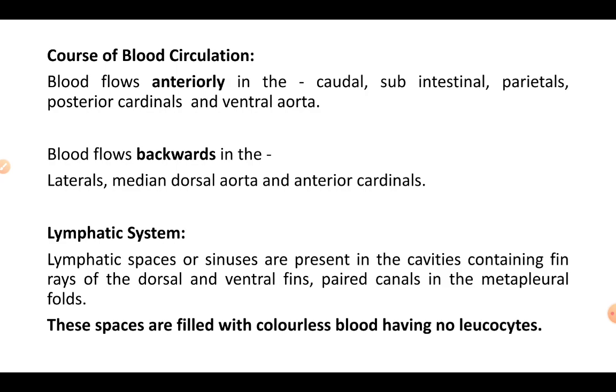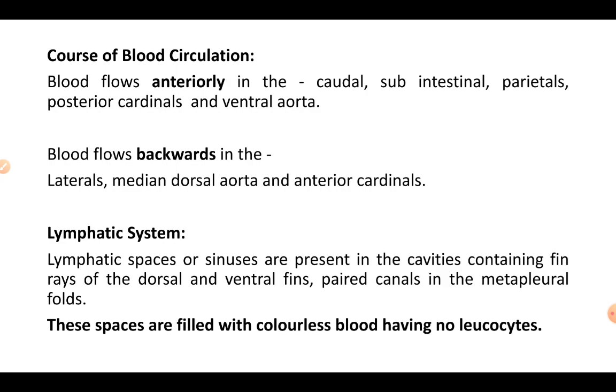It is only in these blood vessels that the blood moves anteriorly. Now when you look at the other blood vessels, the laterals, the median dorsal aorta and the anterior cardinals, here the blood flows backward. So when you copy the diagram, please make a note to highlight the direction of the arrows. That makes it easier to learn how the blood flows.